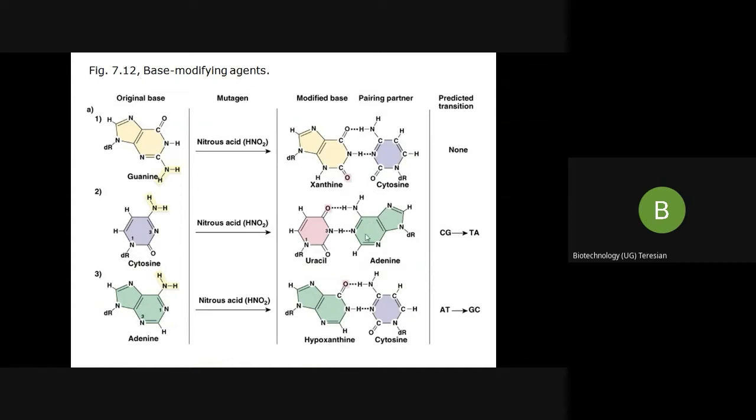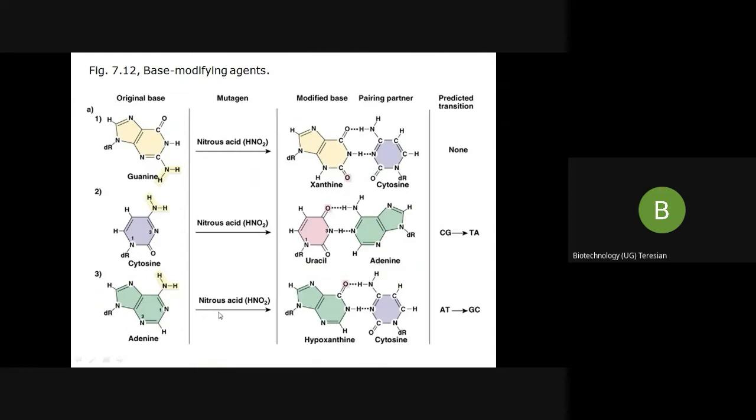So your polymerase enzyme considers it as a thymine and it binds with adenine. But actually the original had cytosine, and cytosine would have bound with guanine, but because of the mutation you have ended up with thymine binding to adenine.